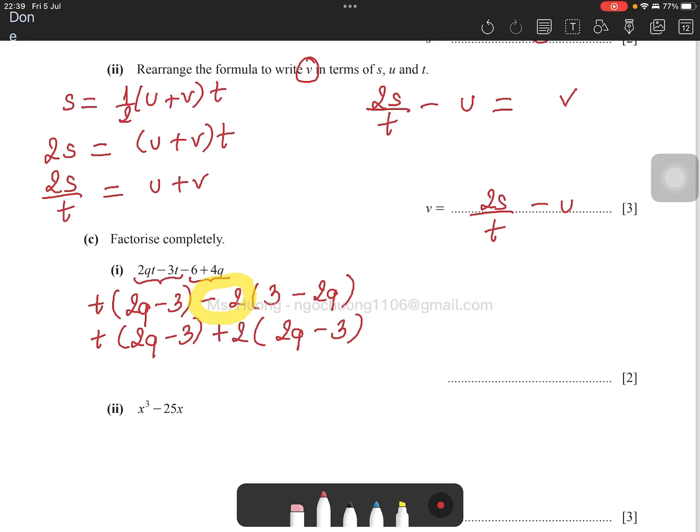And now, the new common factor is 2Q minus 3, and then T plus 2 is left. So the answer is 2Q minus 3 times T plus 2.